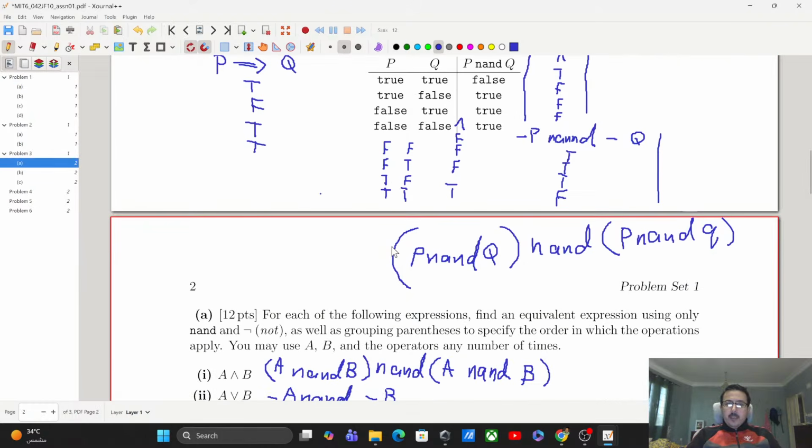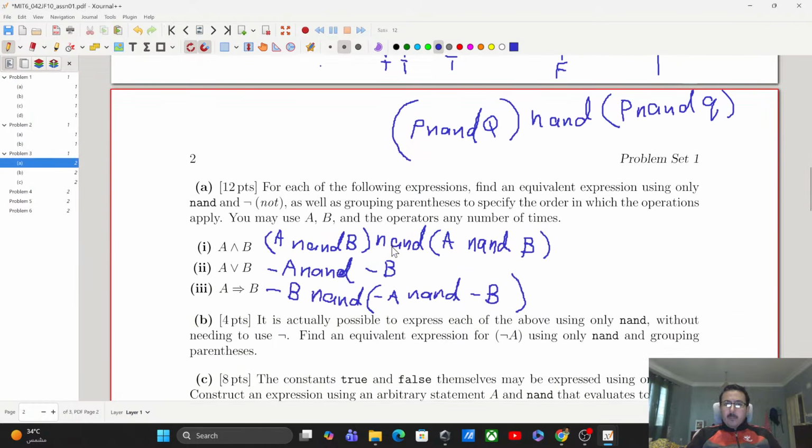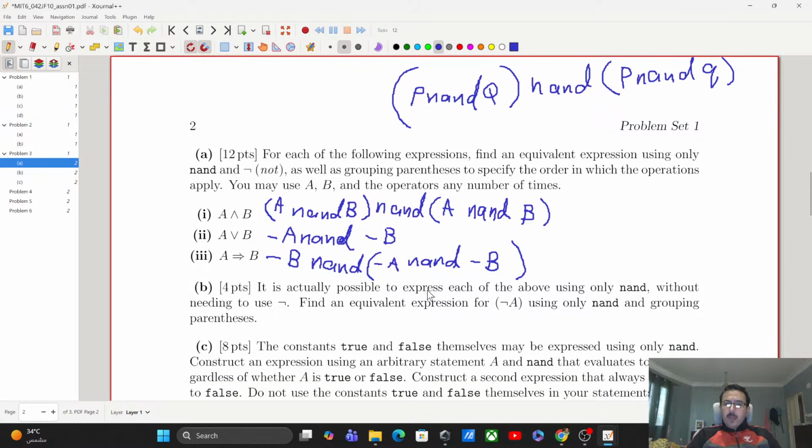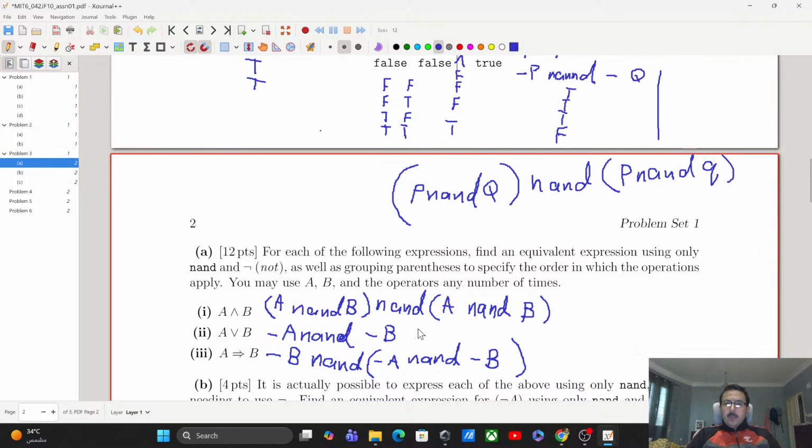Can't use even A. NAND and grouping parentheses.